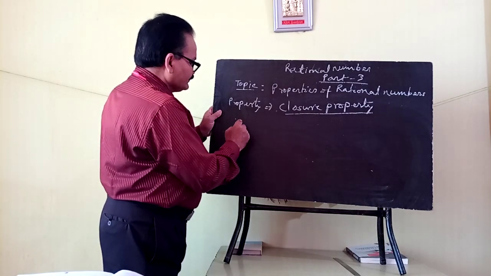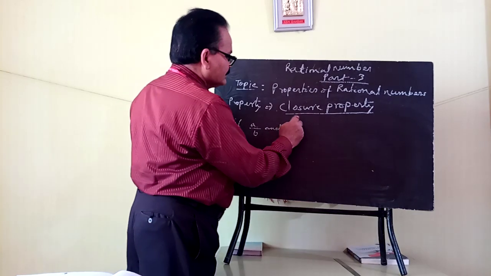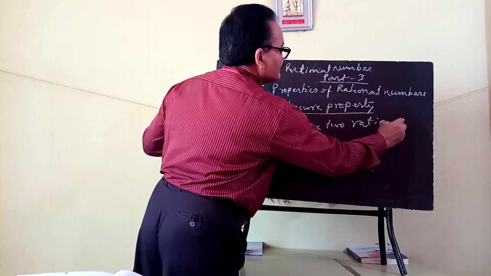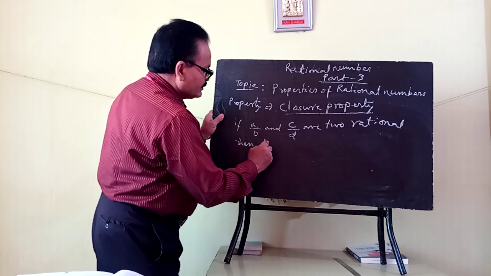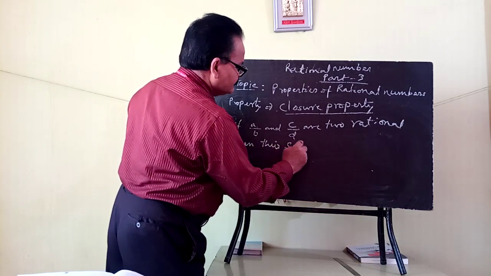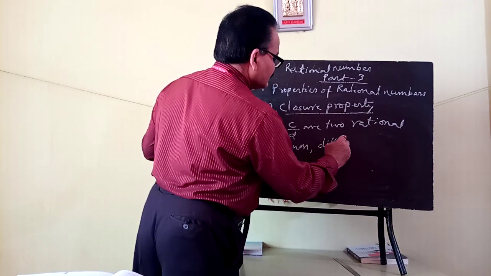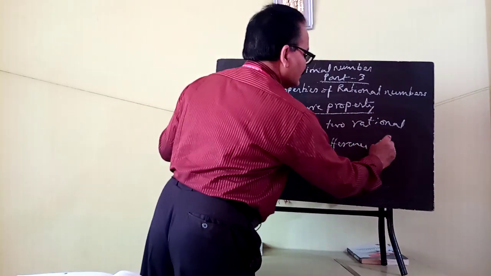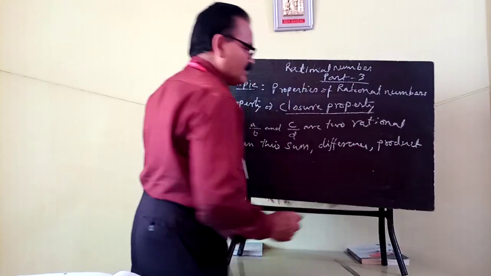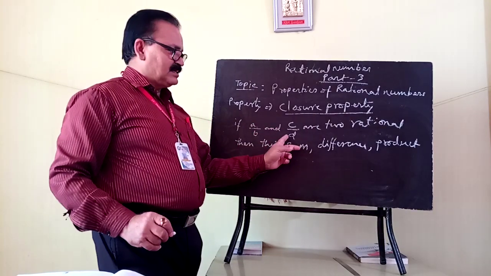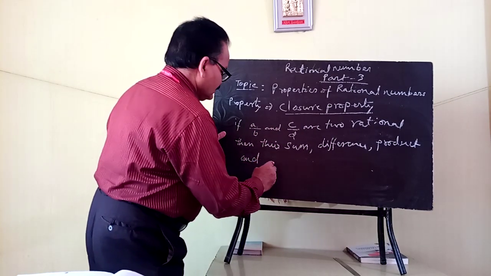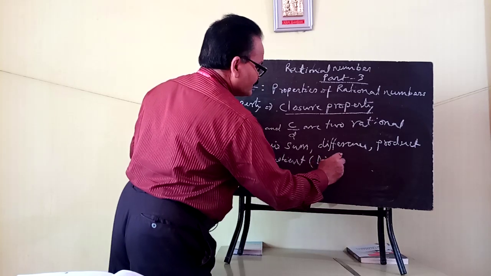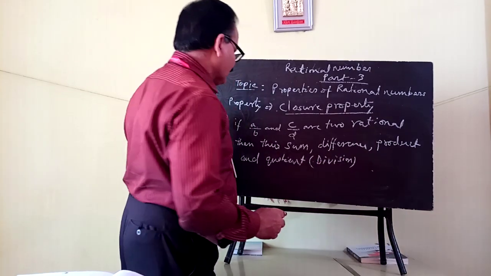For example, if A by B and C by D are two rationals, then their sum, difference, product and quotient: sum means addition, difference means subtraction, product means multiplication of these two rational numbers, and quotient means division between these two rational numbers.